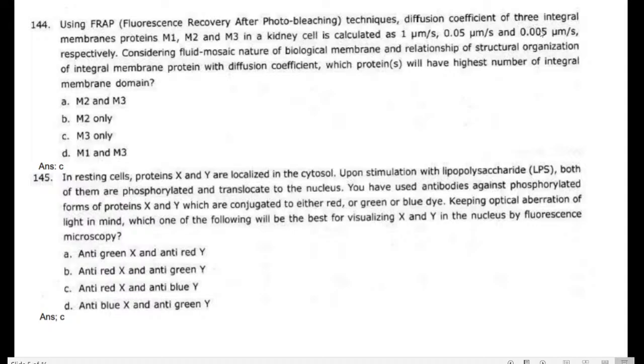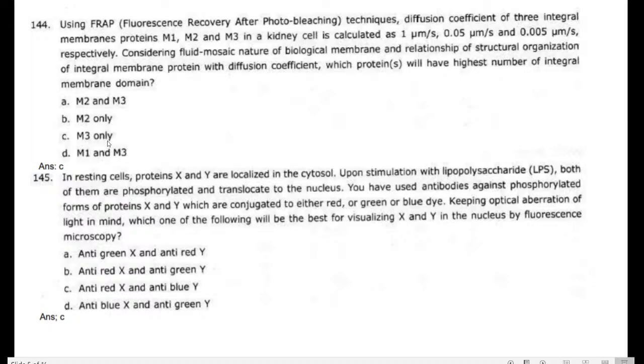So the M3 membrane protein has the highest number of integral proteins, so it allows only a small quantity of molecules to move, providing 0.005 μm per second. That is very slow because the junction is too tight.